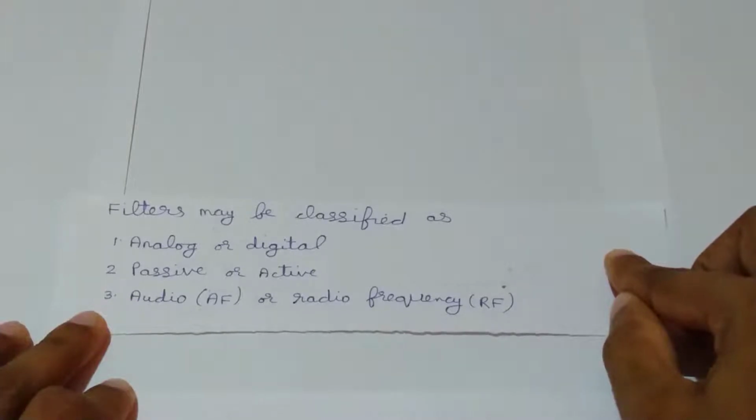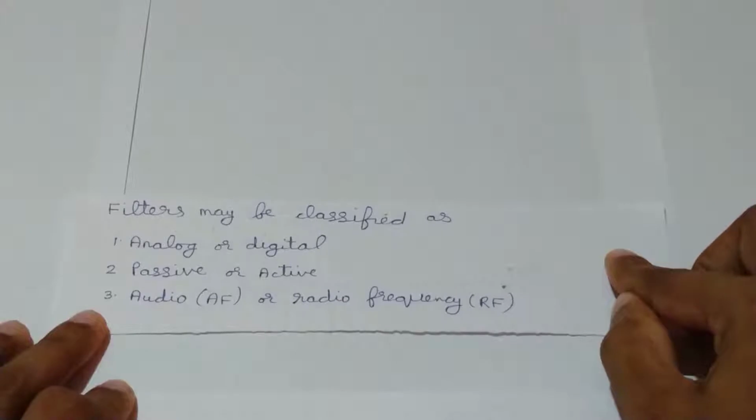When we consider the analog or digital filter, the analog filters are designed to process analog signals, while the digital filters process the analog signals using digital techniques. And when we consider the passive and active filters, depending upon the type of elements used in their construction, the filters may be classified as passive or active filters. A passive filter uses only passive components like resistors, capacitors and inductors.